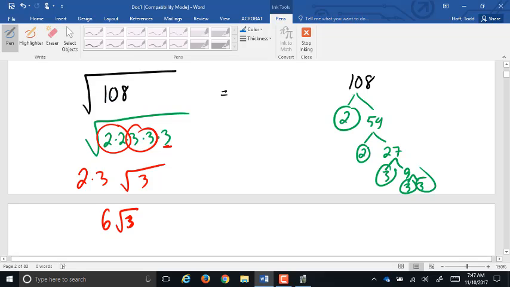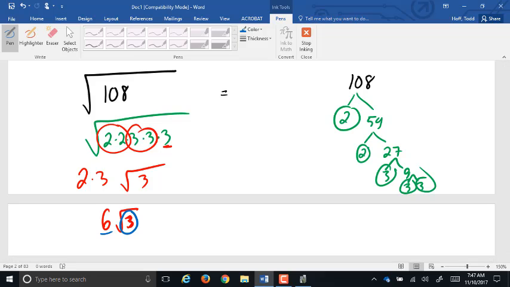So if the table didn't go up to 108, they could just look up the square root of 3, and then by hand multiply that by 6 to get the square root of 108. Does that make sense? That's how they did it without the calculator, so that they didn't have to have books upon books of tables of square roots. The practical use of that really is very little anymore.